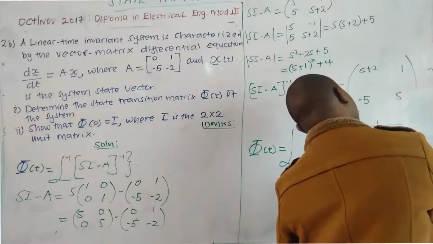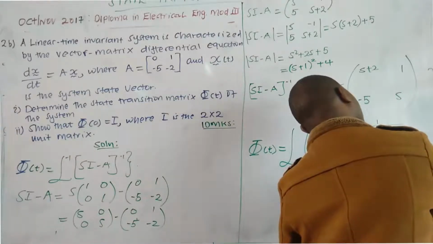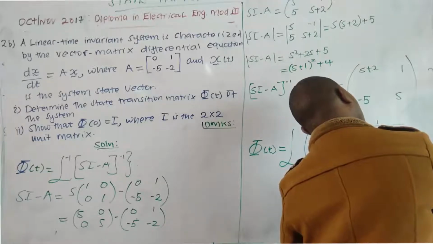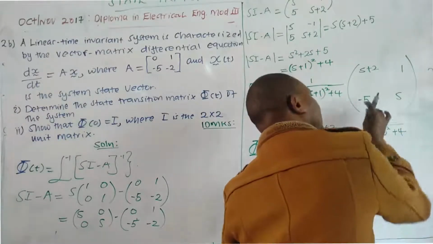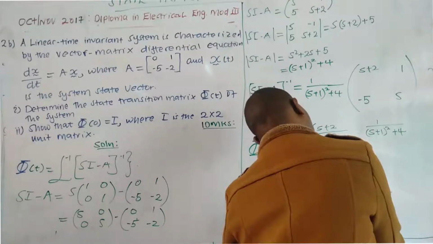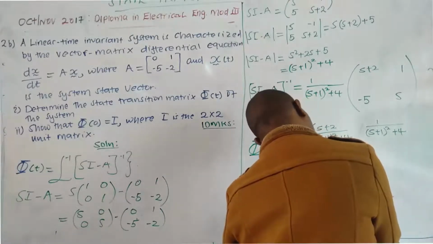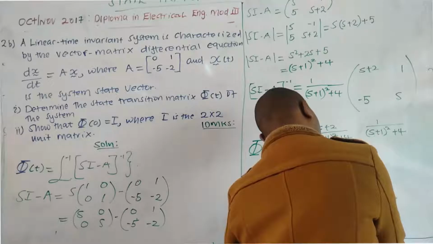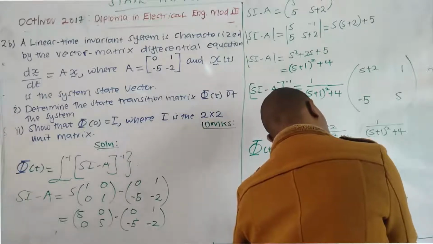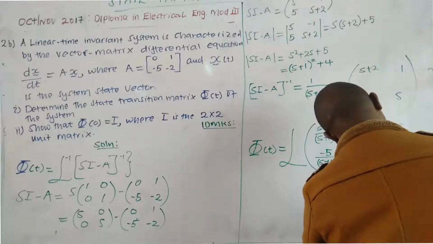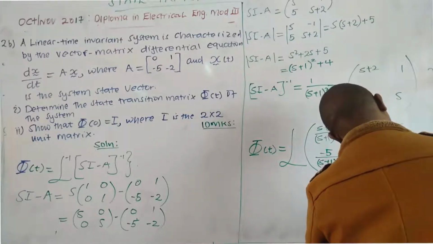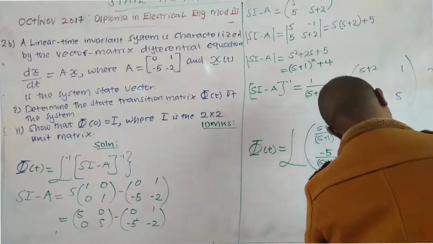Here you have 1 over ((s plus 1) squared plus 4). Here we have negative 5 over ((s plus 1) squared plus 4). And here we have s over ((s plus 1) squared plus 4).